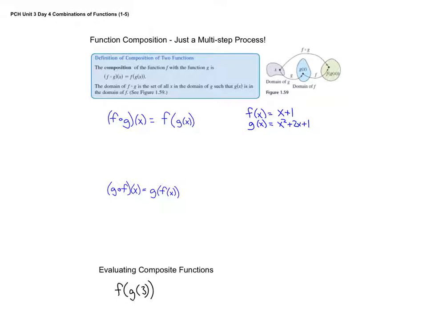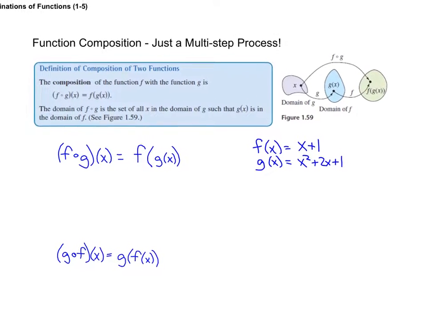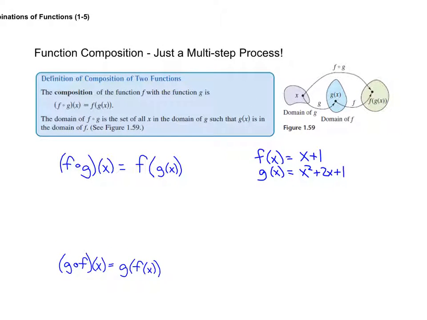Alright, so let's talk about function composition. What we're creating in a function composition is really just a multi-step process. We want to do one thing with x, and then we want to do another thing with x. This is kind of like a factory that's trying to produce a car. They might have different departments. One is assembling the frame, one might be assembling the engine, one might be assembling something else.